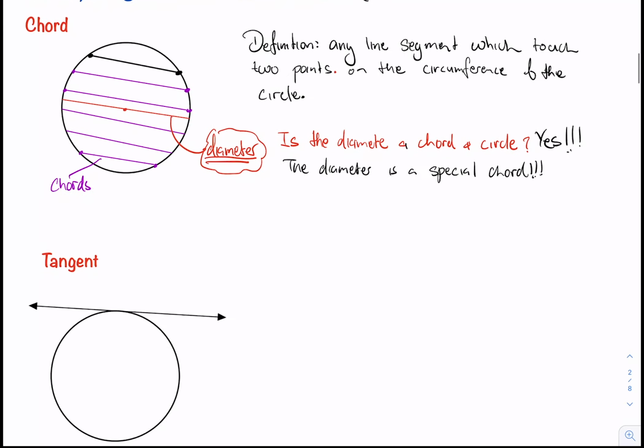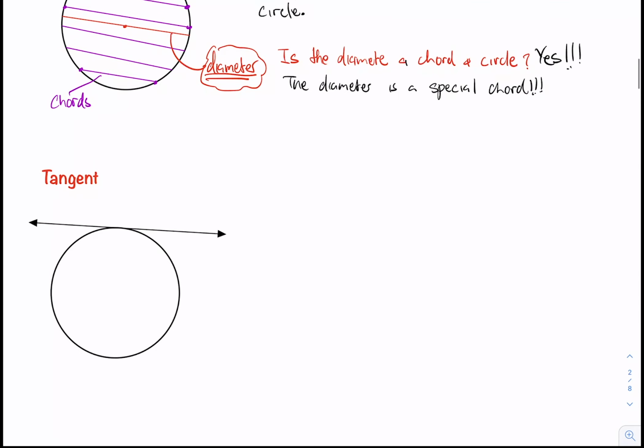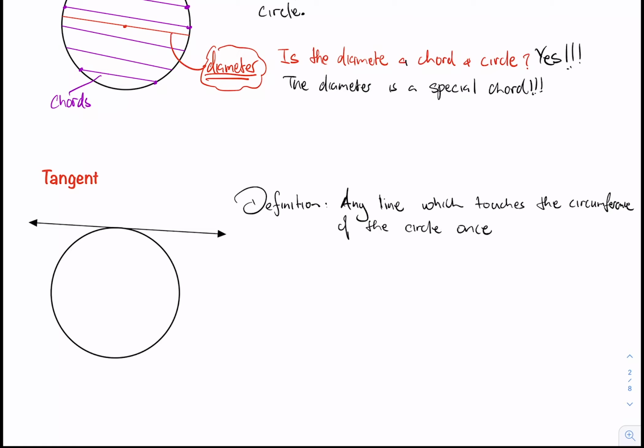Okay, so let's move right along to the next part which we want to study. Here we have what is called a tangent, and the definition of a tangent is any line. Notice that I didn't say line segment. I said line, because there's a difference between a line segment and a line. So here we're saying a tangent is any line which touches the circumference of the circle once.